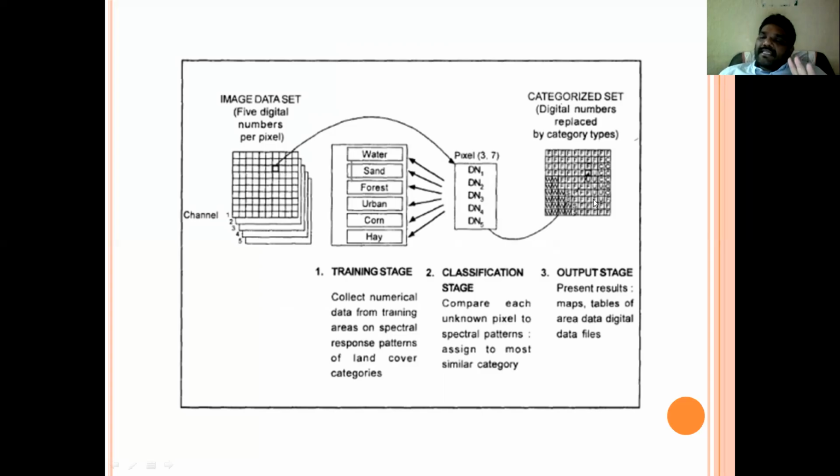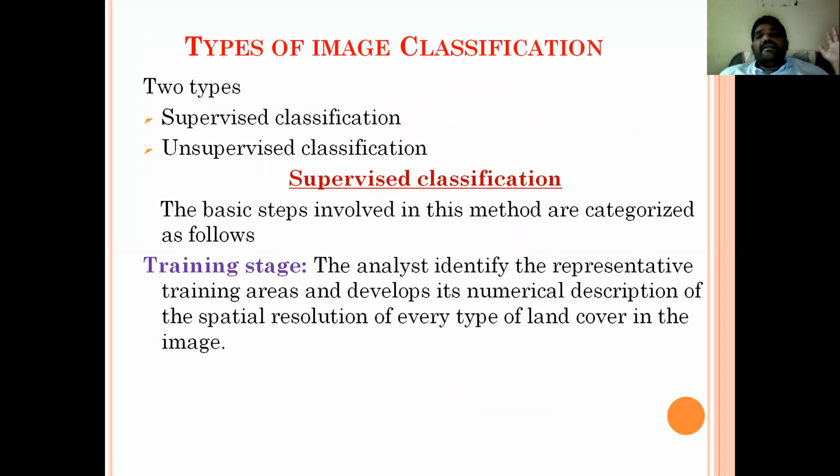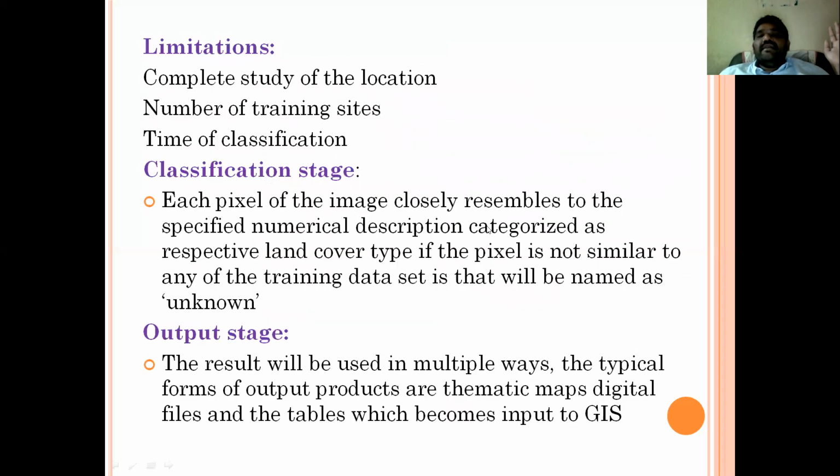For this training stage, there are certain limitations. What are those limitations? See here, the first one is he has to get the information about the complete location of the image. He has to have complete and full-fledged knowledge of the location, whatever classes and features exist in the location.